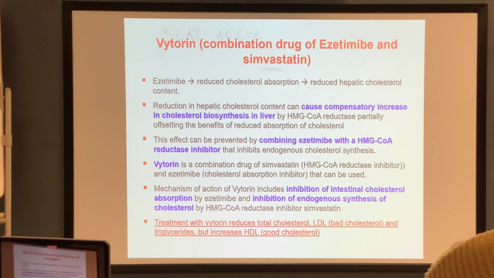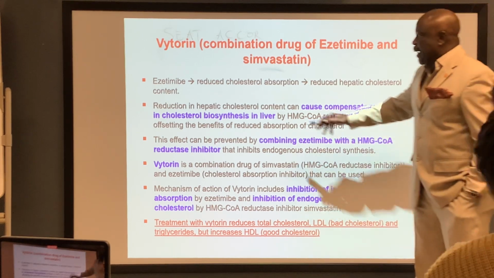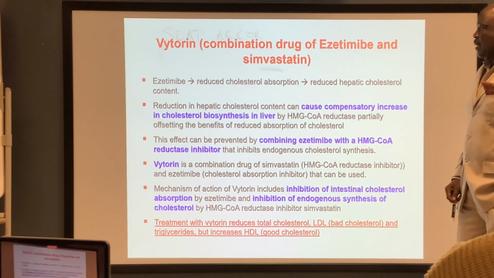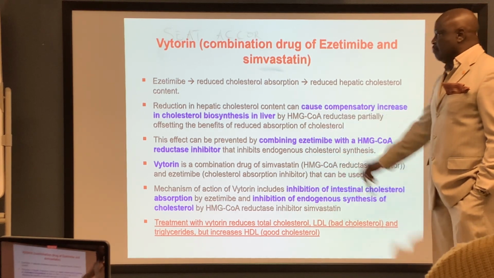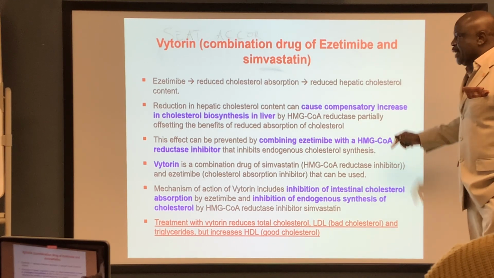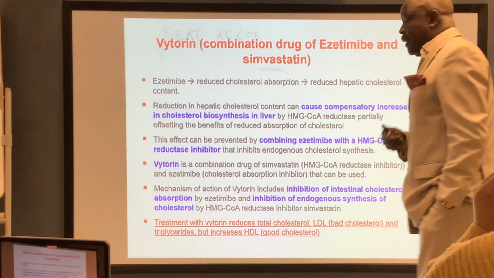There's a combination that's common in the market now, Vytorin. Vytorin is a combination of ezetimibe and simvastatin. Of course, ezetimibe will reduce cholesterol absorption. And when hepatic cholesterol is reduced, it can cause a compensatory increase in cholesterol biosynthesis in the liver.